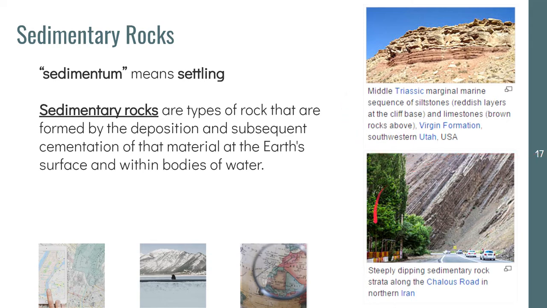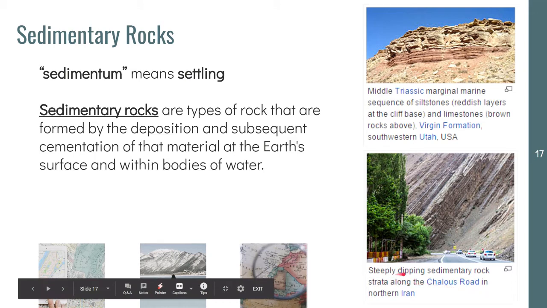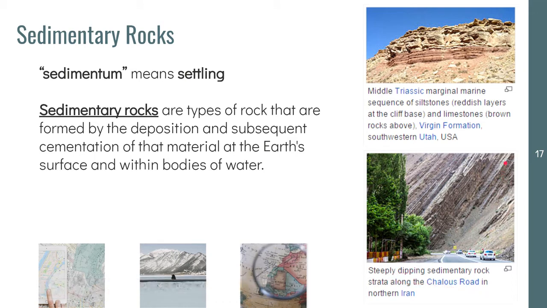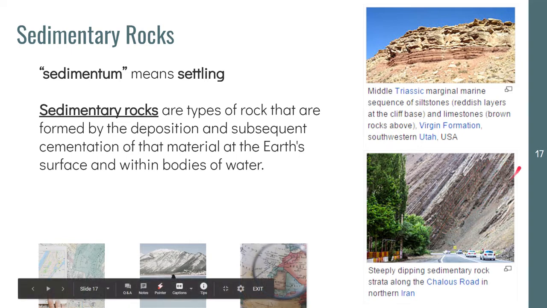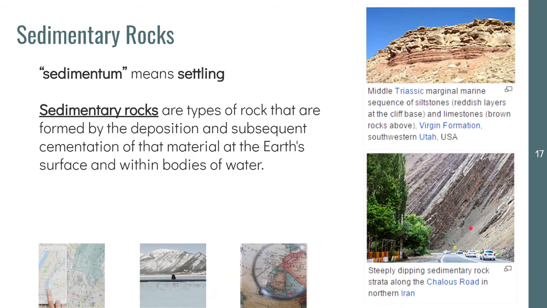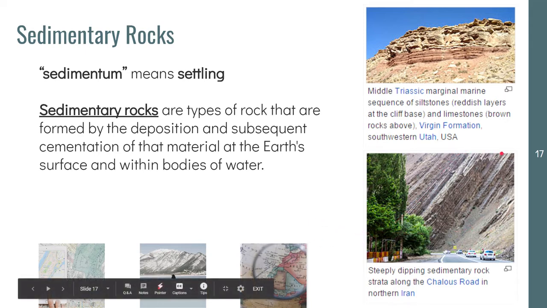This one is another good rock formation, steeply dipping sedimentary rock along Kalus Road in northern Iraq. So as you can see, if there's this layering here that you can find, that's actually a good indication that this used to be underwater, and these are actually sedimentary rock that underwent uplift. They're pushed up into the Earth's surface over thousands and millions of years.